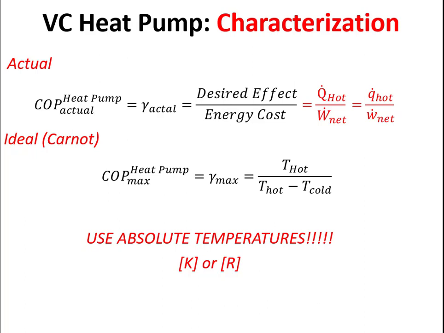Now it's important in the numerator, and I would say in the whole problem, to use an absolute temperature. So anytime we have an equation where a temperature stands alone, where it's not a temperature difference, we need to use absolute temperatures, because you'll get a very different answer if you plug in 0 degrees Celsius versus 273 degrees Kelvin.